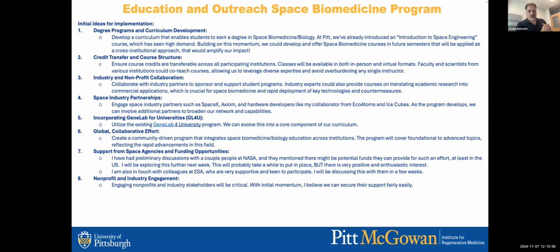For example, one course could be on space radiation, and it'll be taught, let's say, the first day here at Pitt by me, and the next day simultaneously by one of our collaborators, let's say at Harvard or at Oxford or one of our other partner universities that have signed up to be part of this. Every student gets the same exact course, same exact teachers, and same exact curriculum, no matter where they are in the world. Then the university can work out how they get credited for that. So this harmonizes space radiation and has all these core ideas, a global effort.